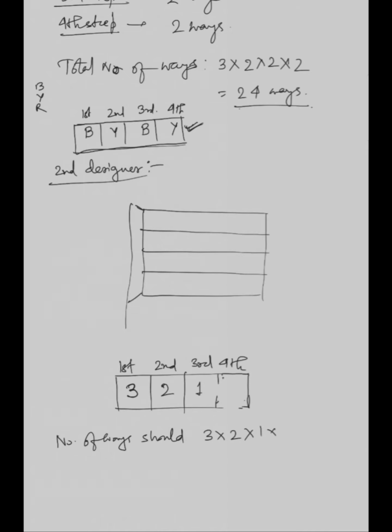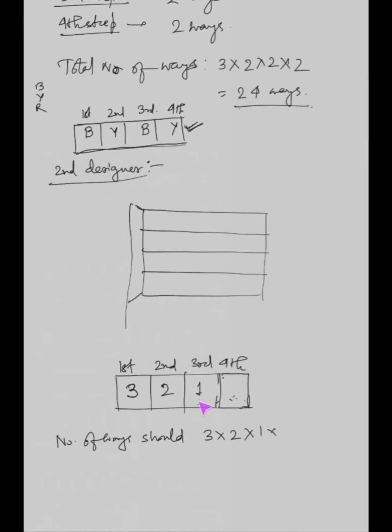Now what for the fourth box? The third box has any one of blue, yellow or red applied. That color should not come in the fourth box. Why? Because then these two colors would match each other, so we cannot differentiate between two bands.